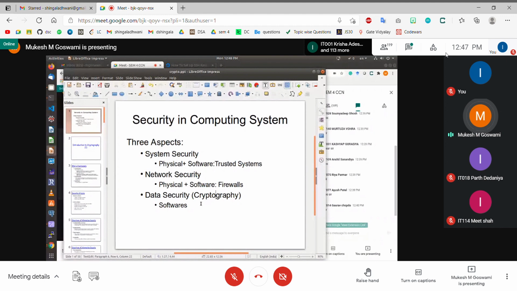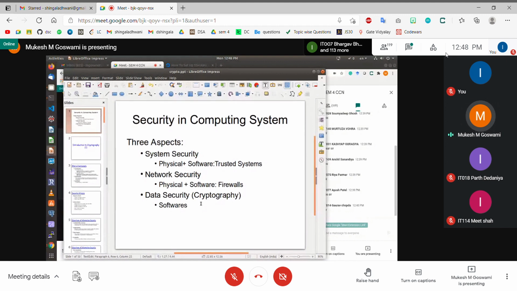We have converted the data into a different format, and only the intended receiver can convert it back into the original format and interpret that data. So this third part is called data security. That is called cryptography, right? So if you want to secure your computing infrastructure, if you want to secure your computing system, you have to consider security at all these three levels.